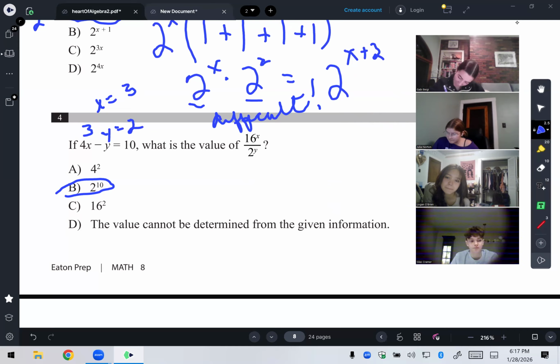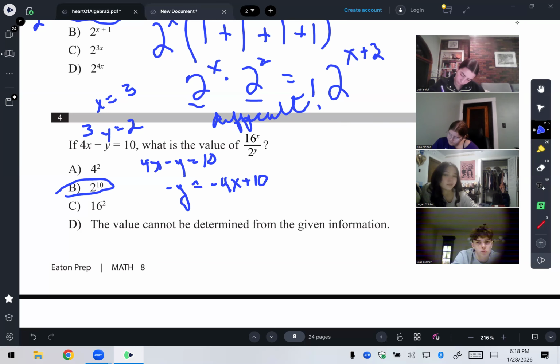So here I would have 4x minus y is 10. So minus y, I'm subtracting the 4x. Then I have to divide everything by a negative 1. y equals 4x minus 10. So then that's still 2 to the 4x up top, right?